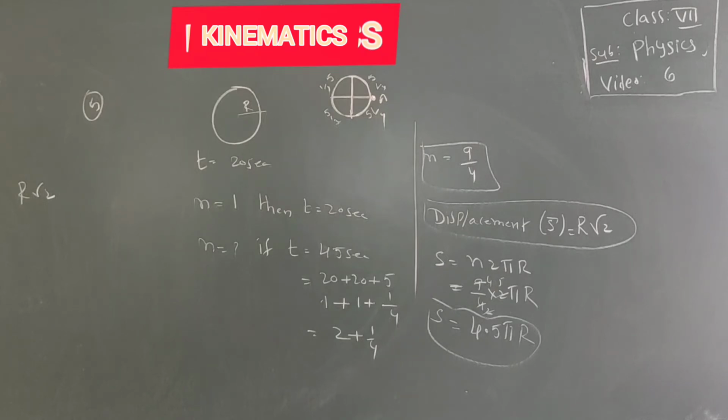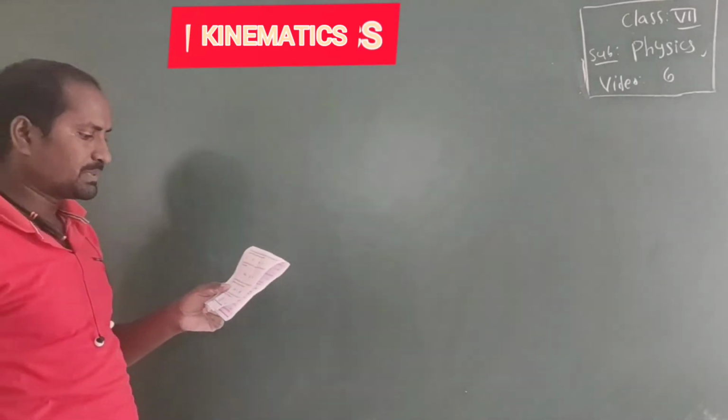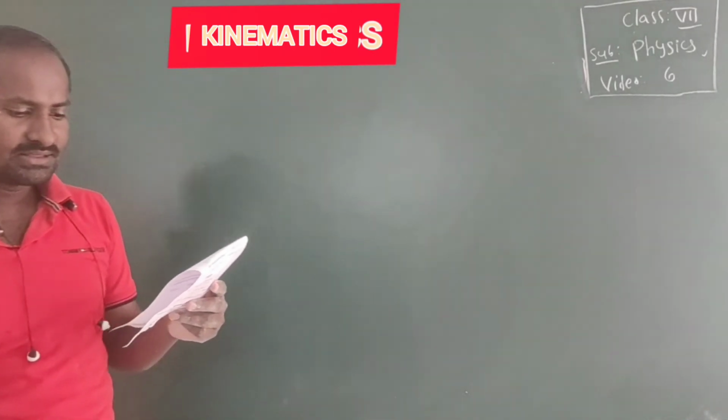Question number 6. If the distance between the sun and earth is 1.5 into 10 power 11 meters and the speed of light is 3 into 10 power 8 meter per second, then the time taken by a light ray to reach the earth from the sun is?